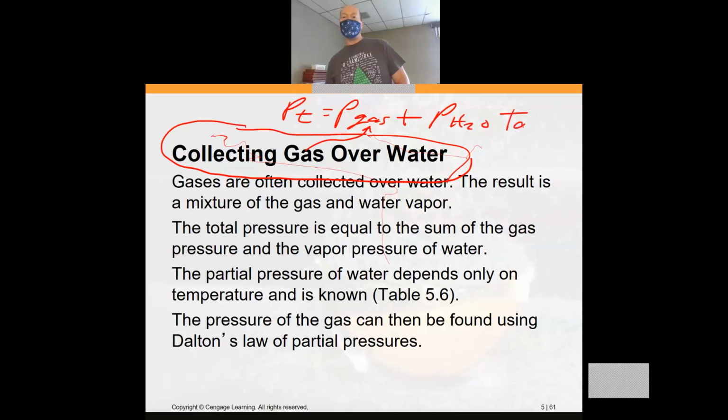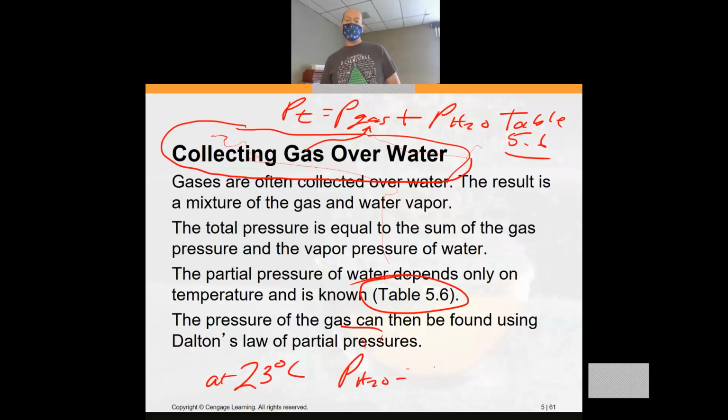You get this off a table in chapter 5 that gives you the pressure of water at different temperatures. It's right here, Table 5.6. You don't memorize that table; you just say the temperature is 23 degrees Celsius. At 23 degrees Celsius, the pressure of water is 21.1 millimeters of mercury.